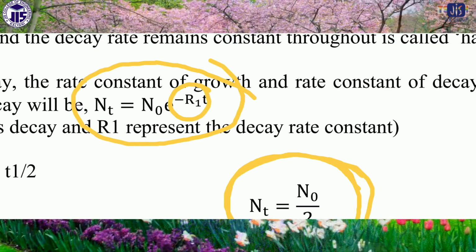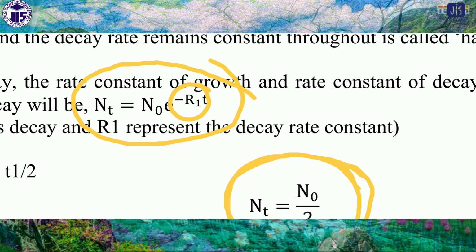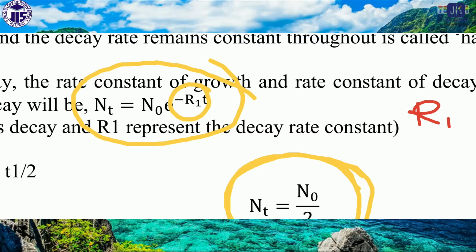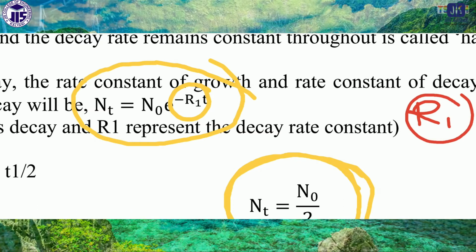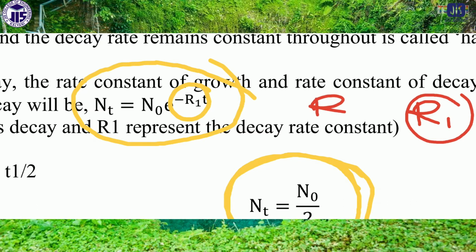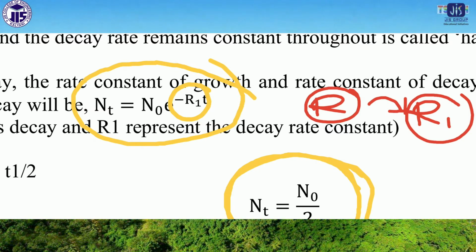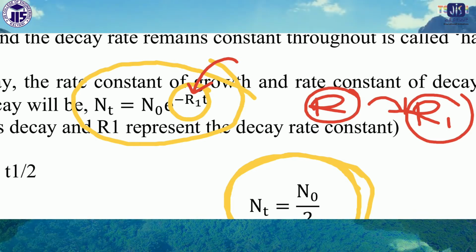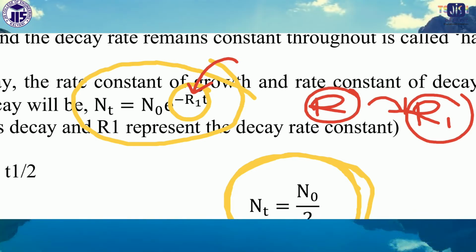Up to this point, you know that r is the exponential growth rate constant. So why is r1 taken here? Actually, r1 in this equation is not the growth rate constant. Why is it not the growth rate constant?